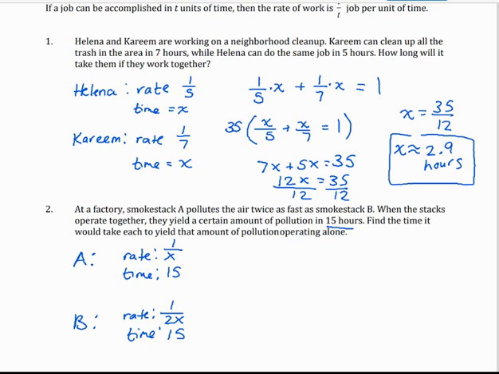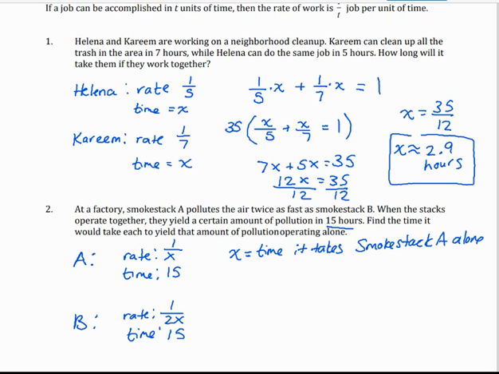And that's a little tricky because it says A is twice as fast, so we'd think A should be 2x, but that means it's actually a smaller amount of time. So x represents, and we'll define that a little bit more specifically, x is the time it takes smokestack A alone. And therefore 2x is the time it takes smokestack B.